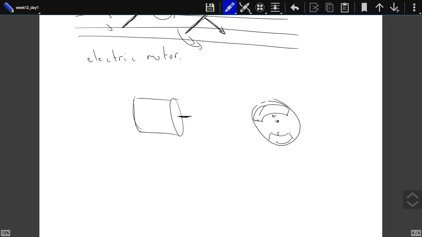Say this is the North and South Pole. So you have these magnets which create your B field. Inside you have some cylindrical object, and that cylindrical object is connected to this rotating rod, that is your axle.